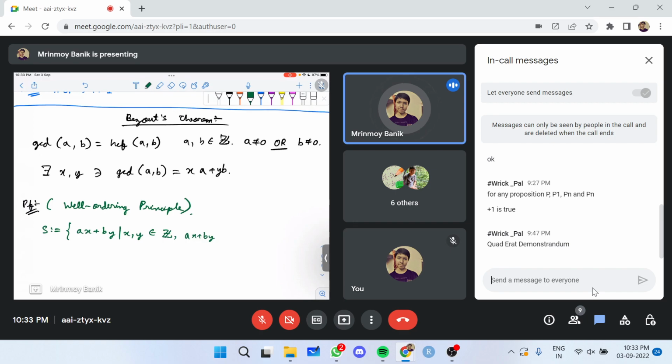Since the GCD is a positive number, we can impose this additional condition of ax plus by being greater than 0, since we want to make S a subset of N, and N doesn't contain negative numbers. So this is the set of all possible numbers of the form ax plus by. We want to prove that GCD of A, B is also inside this set. So to show GCD of A, B is inside S.